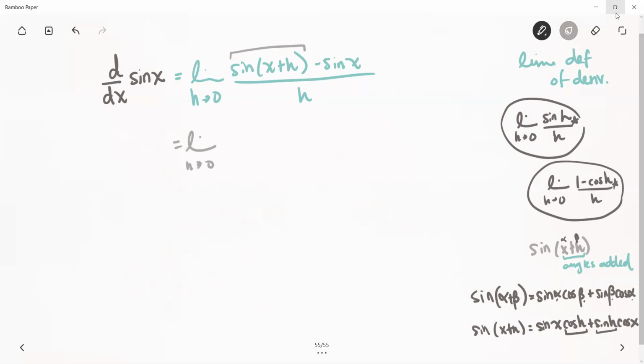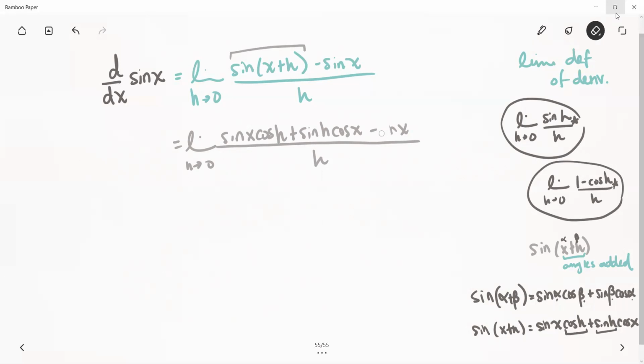Limit as h goes to 0, sine of x, cosine of h, plus sine of h, cosine of x, minus sine of x, all over h. Make that a little nicer. Okay, and so again, keeping in mind the limits that we're looking for, I kind of see this part right here, right?